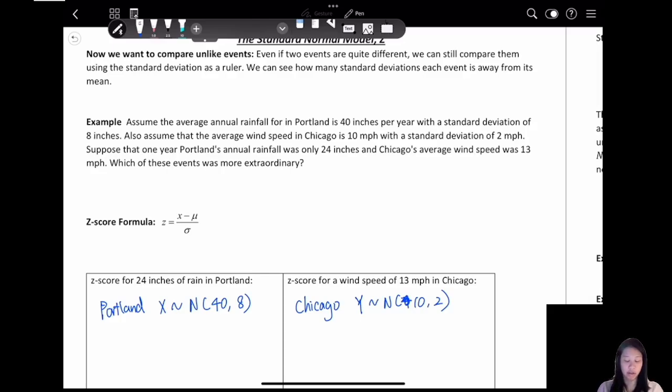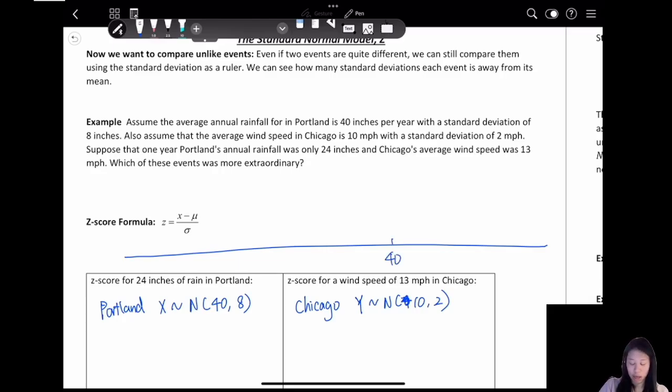Suppose that one year Portland's annual rainfall was 24 inches and Chicago's average wind speed was 13 miles per hour. Which of these events is more extraordinary? So think about our bell-shaped curve.